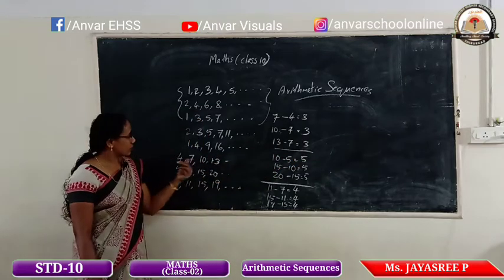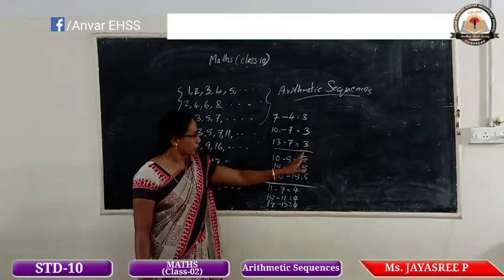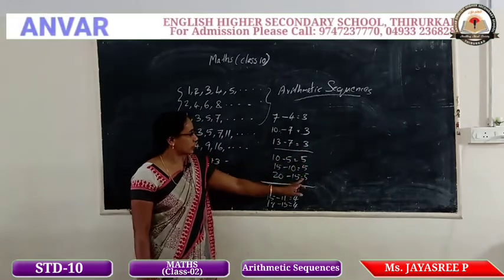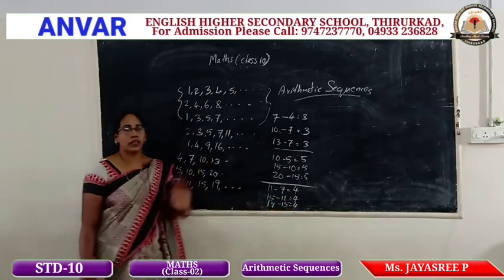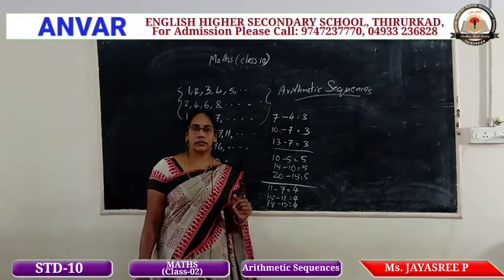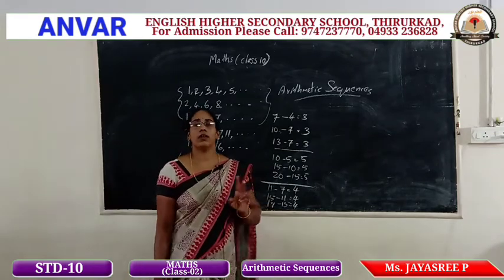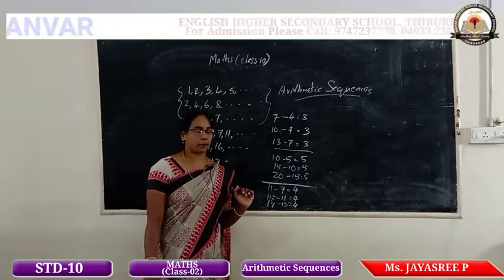In this arithmetic sequence, the difference between two adjacent terms is 3, here the difference between two adjacent terms is 5, and here the difference between two adjacent terms is 4. So for an arithmetic sequence, the difference between two consecutive terms is the same.